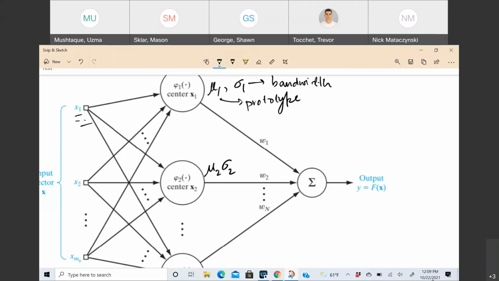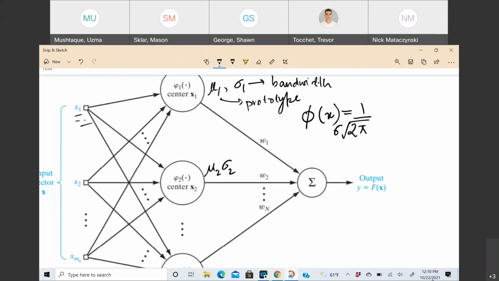One very common function that's used for that is the Gaussian distribution. So for example, for this one, I can just write the equation and this will clarify things better. So let's say for this network, I'm using this function to find the similarity between X and my prototype, right?